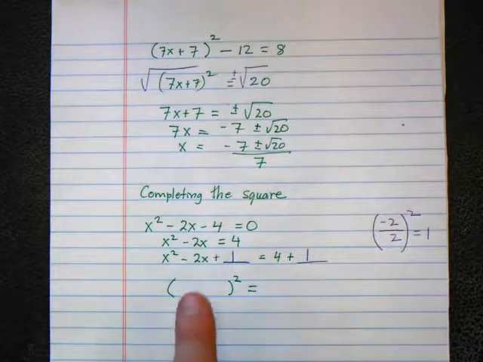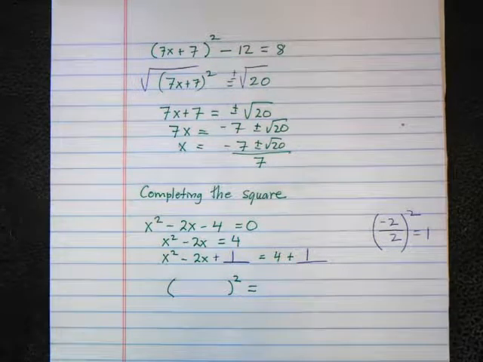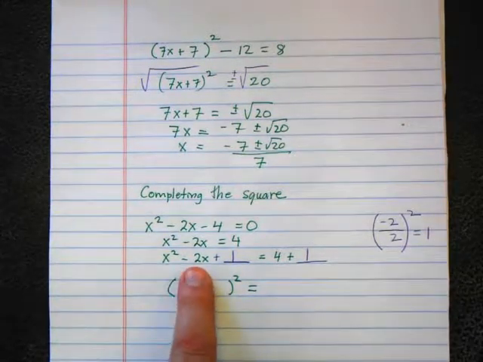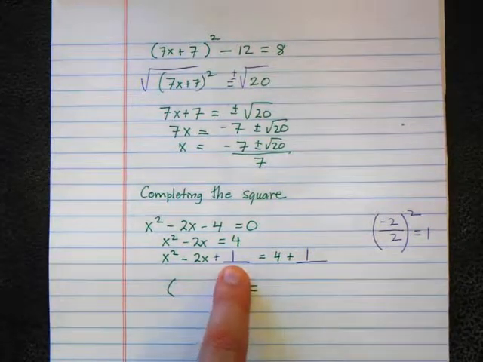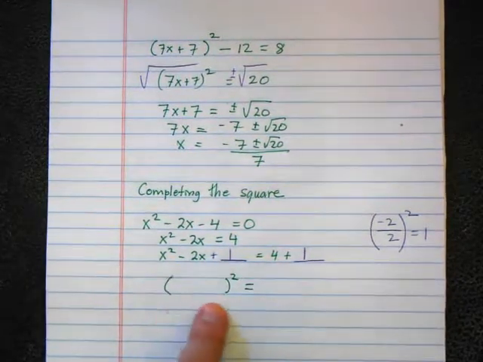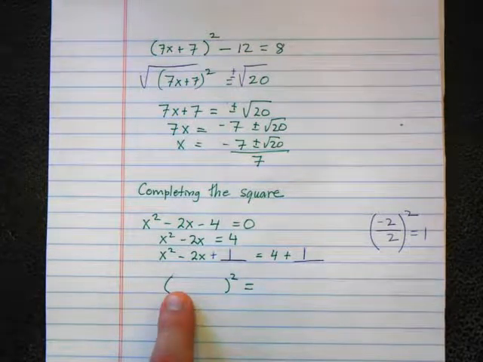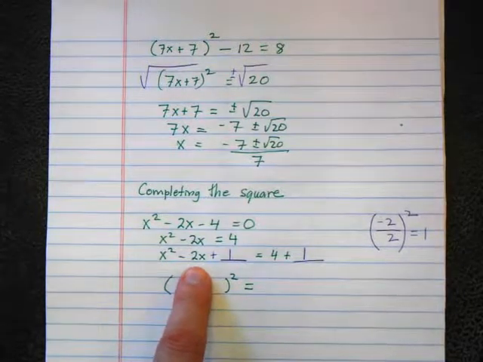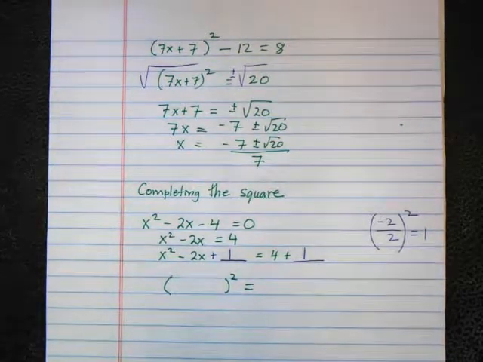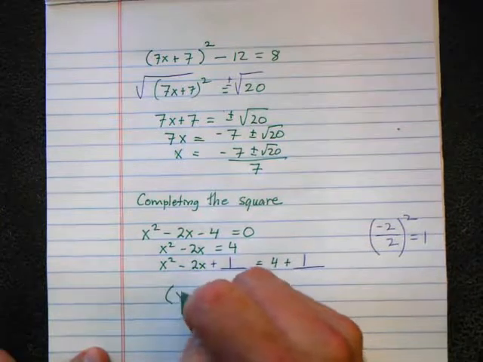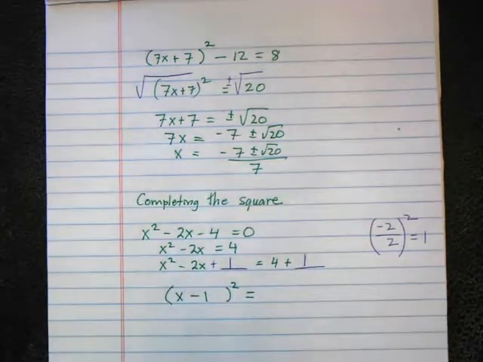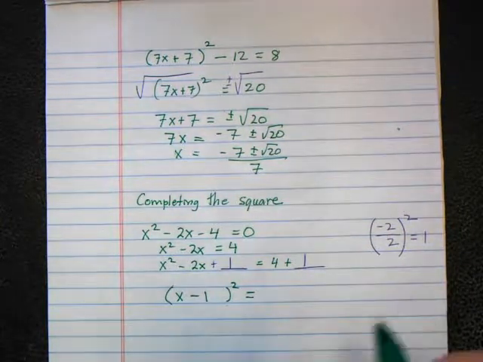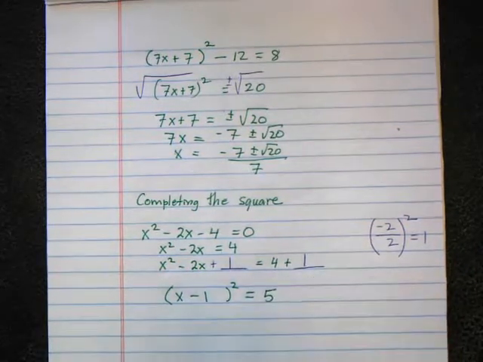What should happen now, if my magic number was correct, is that x squared minus 2x plus 1 should factor, and it should factor this way where the two pieces are exactly the same, so I can write it as a square. It would be x minus 1 and x minus 1 again, wouldn't it? So we write that as x minus 1 squared. And on the other side, 5.